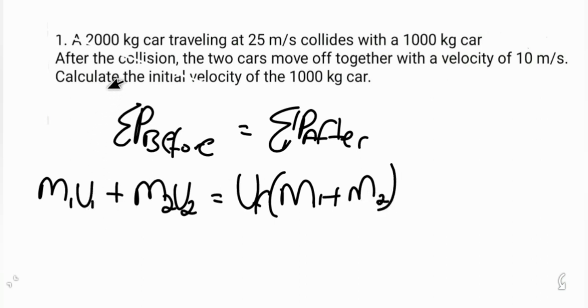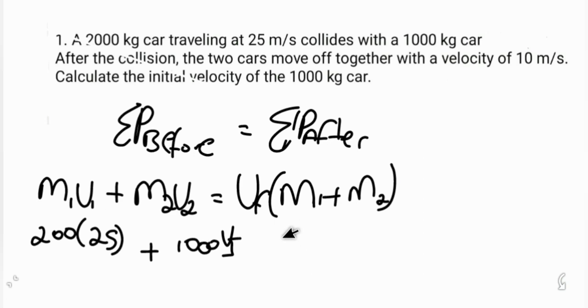Object number 1 weighs 2000 kg times initial velocity of object number 1, 25 meters per second, plus mass number 2, which is 1000, times the initial velocity of object number 2. We are not given the initial velocity of object number 2.